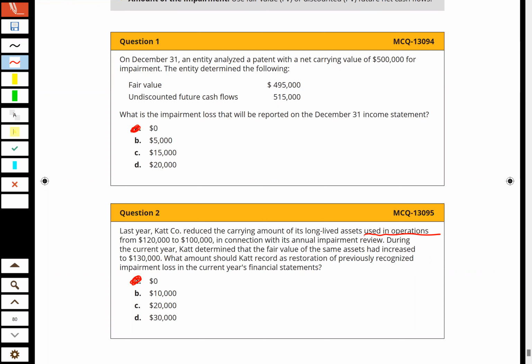Is there anything that would get written up in any case? Yes, and we're going to get to that in chapter 3. But here we're talking about fixed assets like property, plant, and equipment, or intangible assets other than one with an indefinite life, which essentially is goodwill, and we'll get into that in chapter 4.